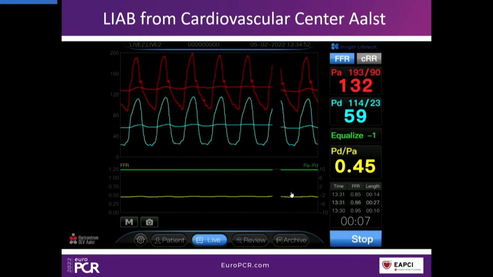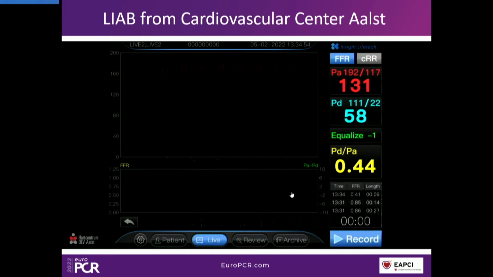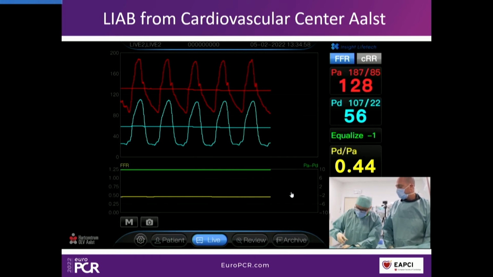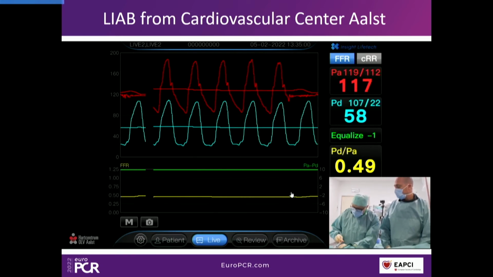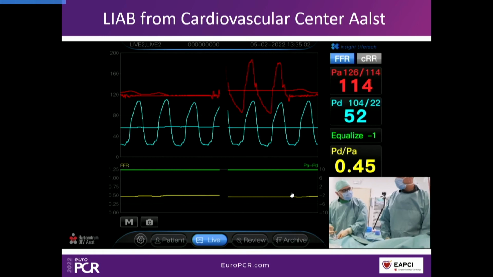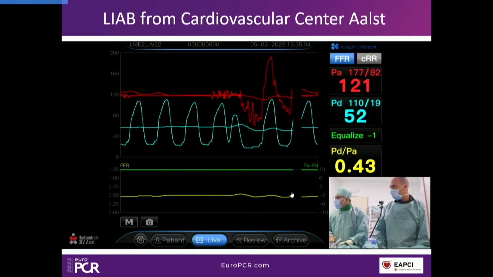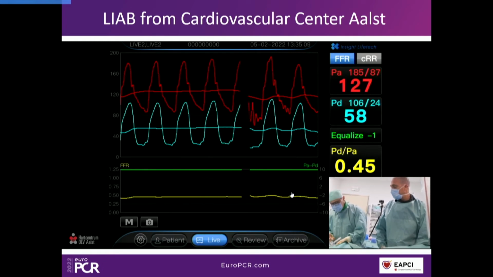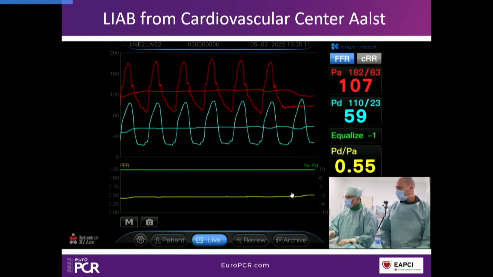Nevertheless, we will now inject the hyperemic stimulus in order really to unmask any residual microvascular resistance and to use this as a reference value for post-PCI assessment. We're still recording. Good.